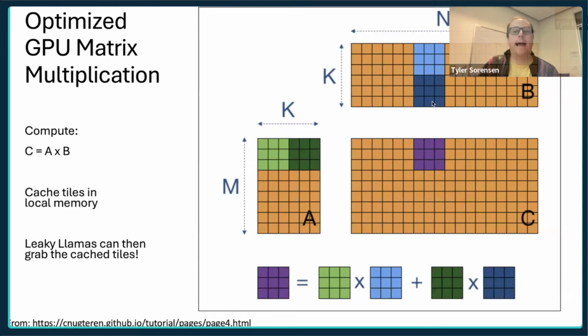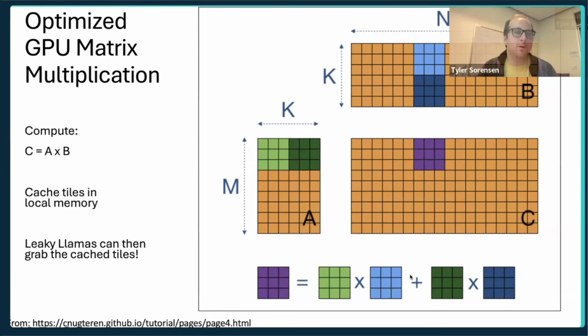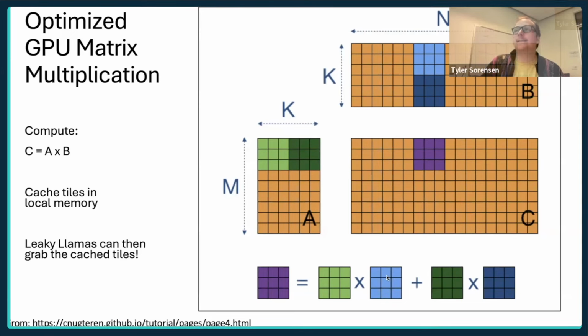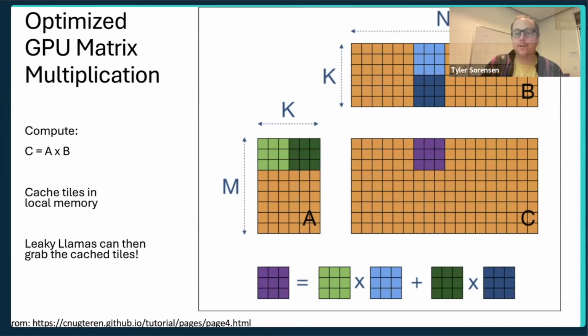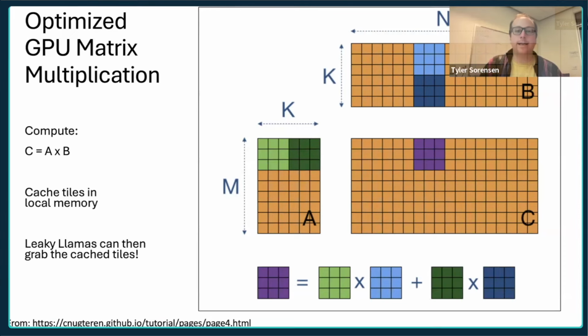You've basically decomposed this big problem into a smaller problem. And guess what? You can cache these smaller matrices in that local memory, which makes these sub-problems very fast to do. Any optimized matrix multiplication on a GPU is going to be caching these sub-problems in local memory.